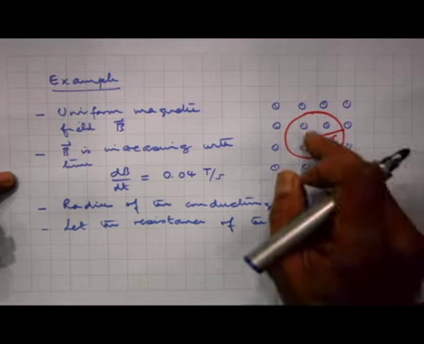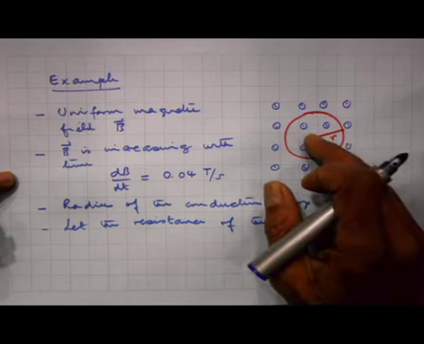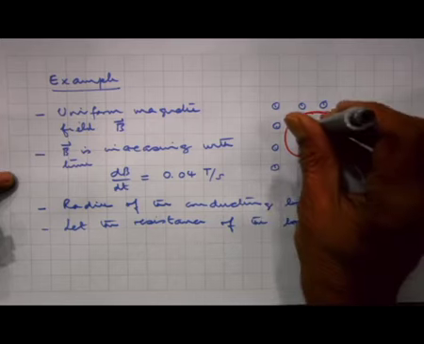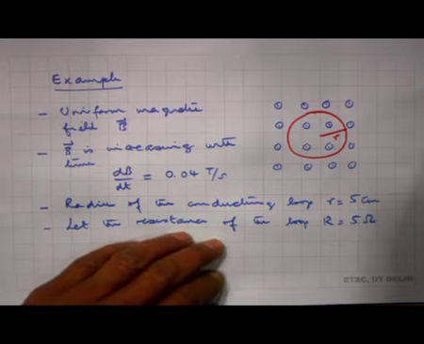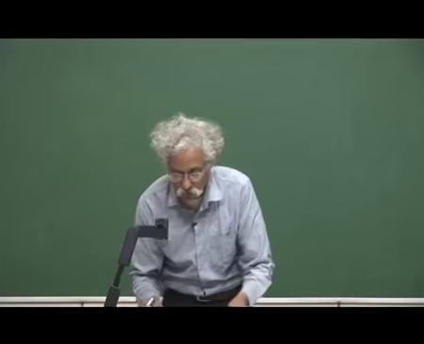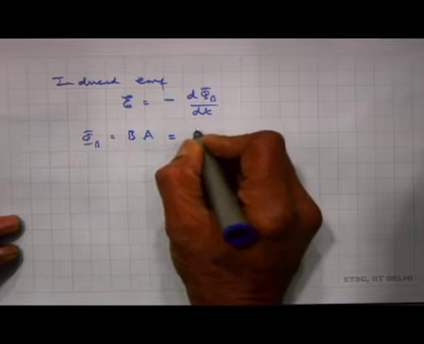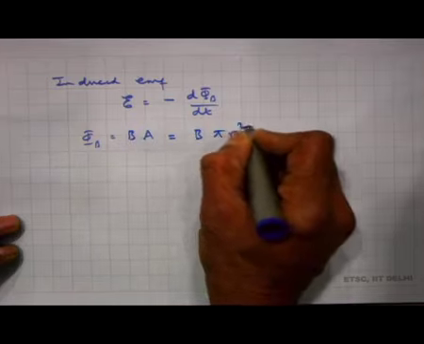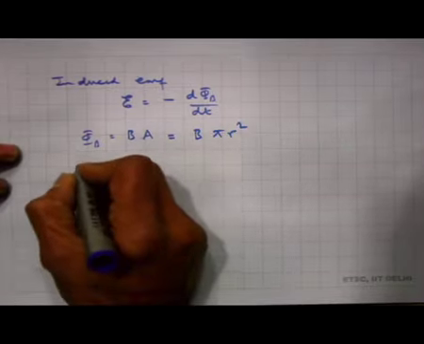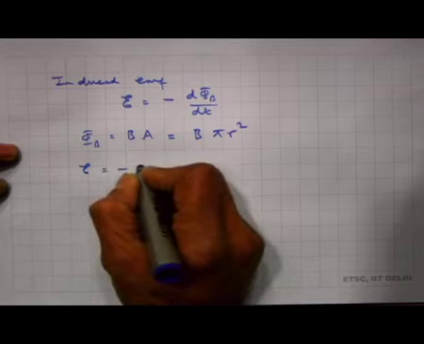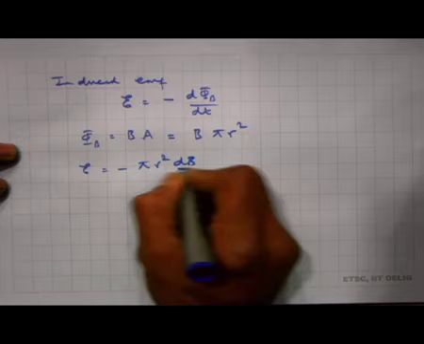I am going to assume that the area vector is pointing towards me, in the same direction as the magnetic field. So, the magnetic flux is positive and given by B times A, which is B times pi r square. So, the induced EMF is equal to minus pi r square dB by dt.